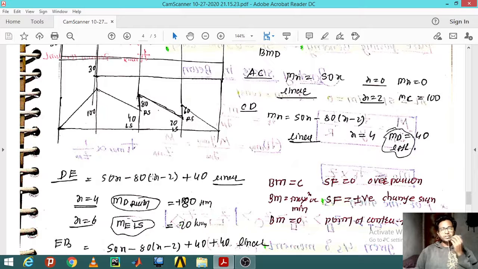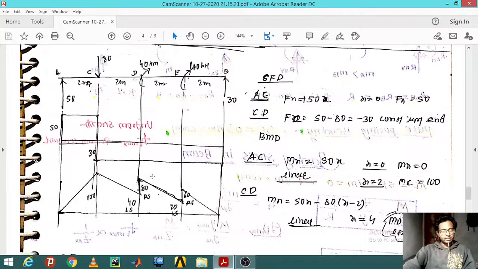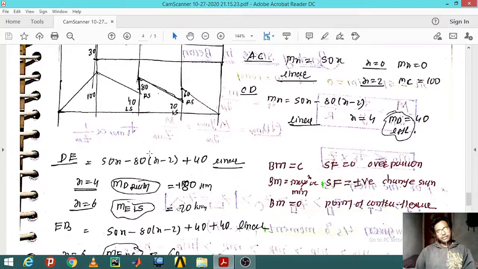With respect to that, we have to add this 40 in the equation, because previously we calculated the left side of that moment. Now we have to find out the moment to the right side of that section. That's why we have to add this moment, and we have taken the anti-clockwise direction as positive.